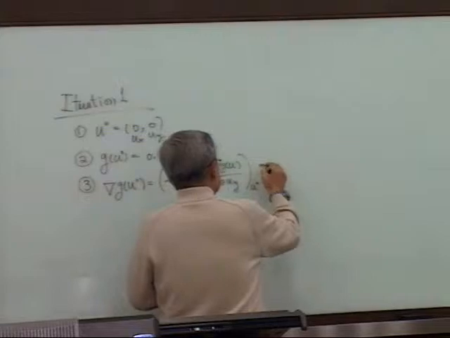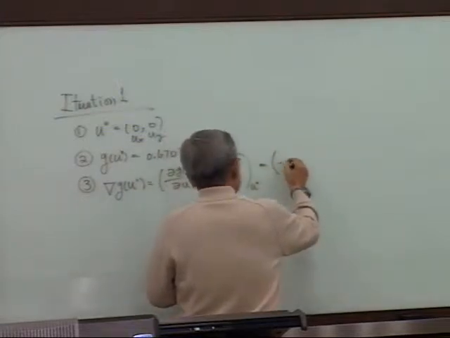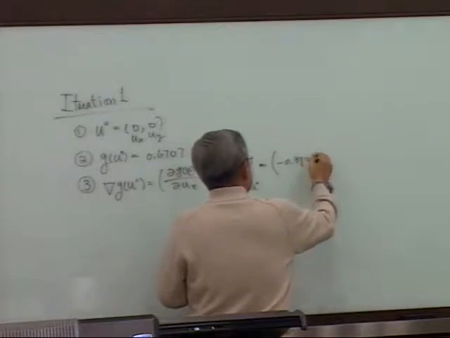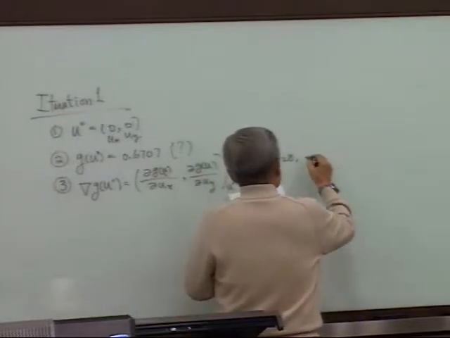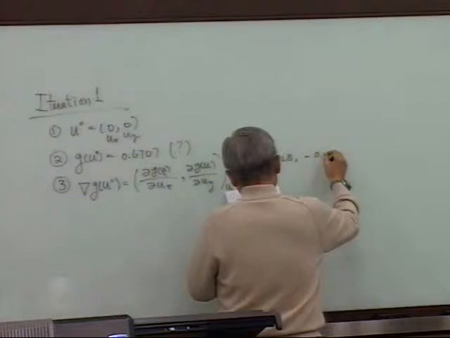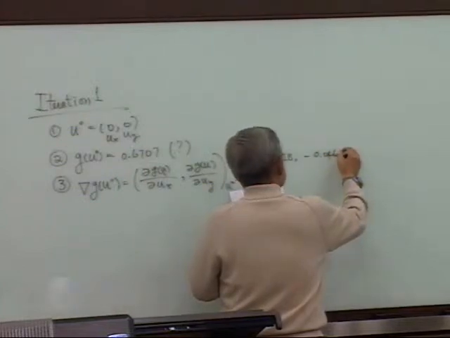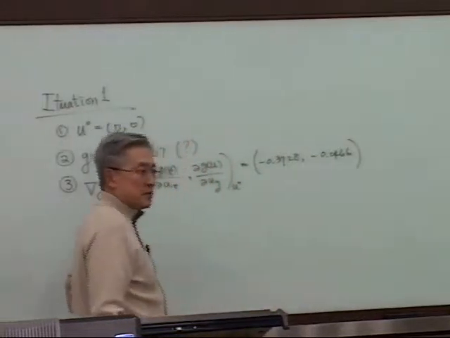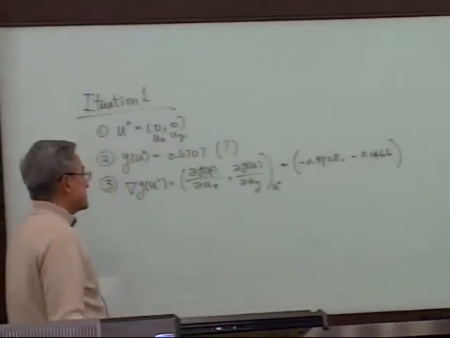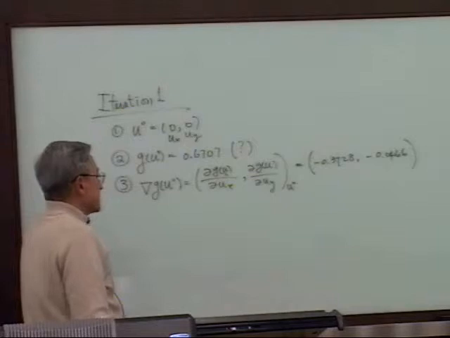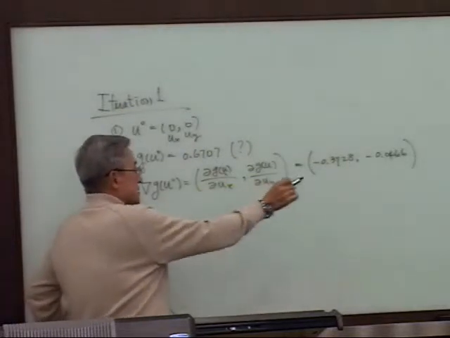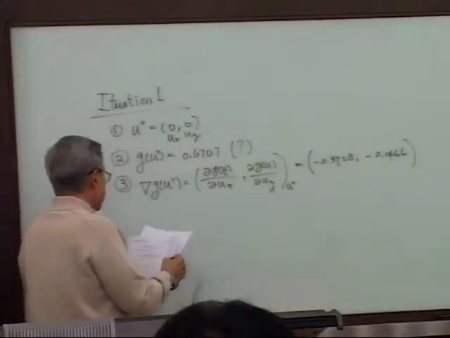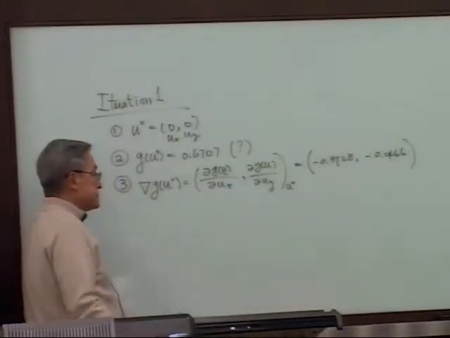If you do it, it is minus 0.3728, minus 0.0466. Only carry 4 places, that's enough. The equation set is there already. So, okay, then what's the next one?